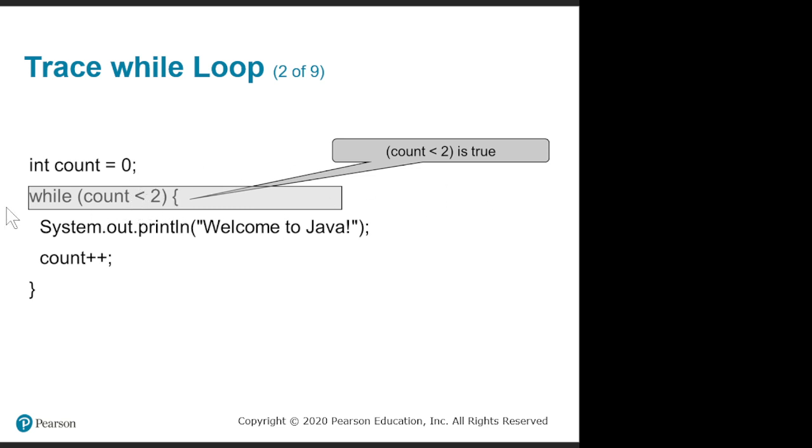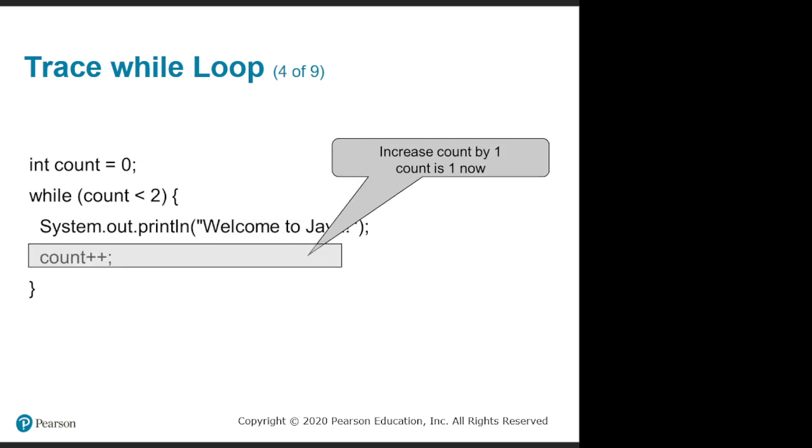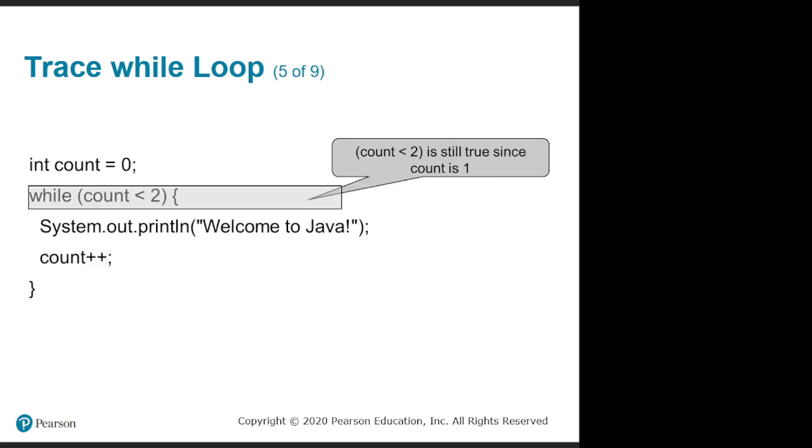And that's true. So being true, the body of the code runs, and we update count plus plus. So now count is increased by 1, and count is now 1. We're going to fall to the end of the brace, and that's the end of the looping block.